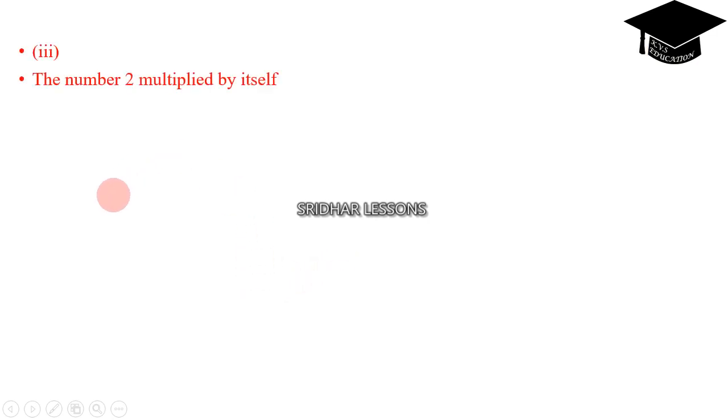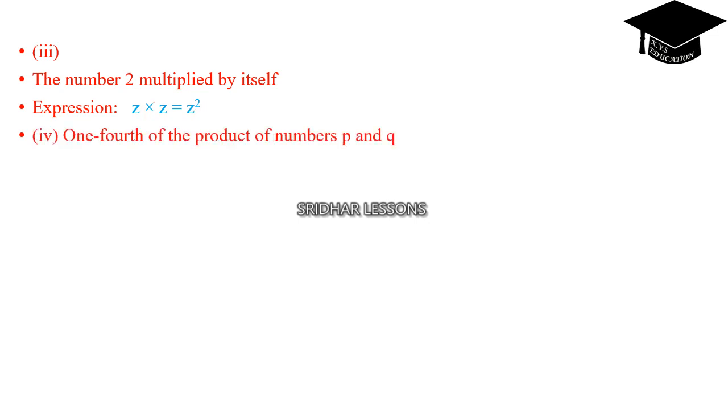Question number 3, the number z multiplied by itself, that is z into z. This is, for example, a number, that is z square. Next, 1/4 of the product of numbers p and q, that means 1/4 into pq.